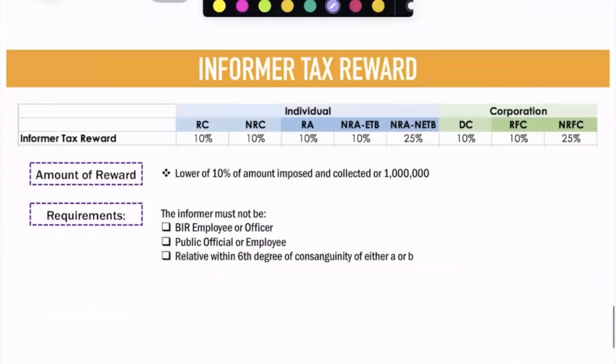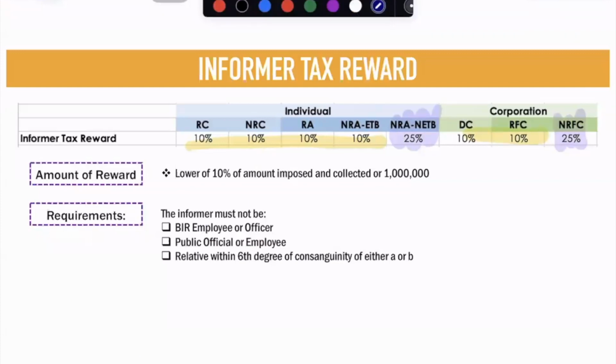Next, informer tax reward. Okay, last for this one is informer tax reward. For informer tax reward, generally it is 10%. But look at this. NRA and ETB and RFC still at 25%. Now let's look into the amount of the reward.